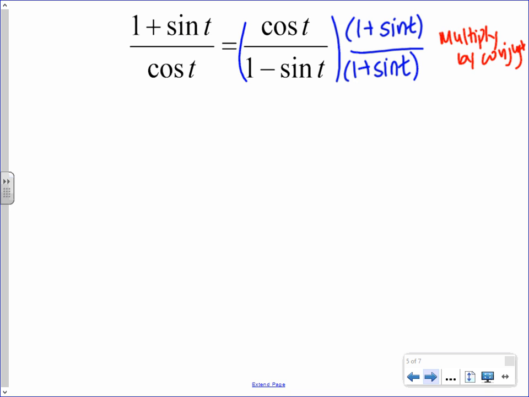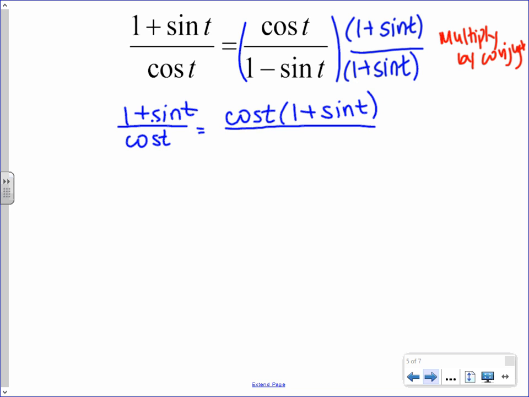Okay. So what we have is 1 plus sine of t over cosine of t equals cosine of t times 1 plus sine of t all over 1 minus sine squared.